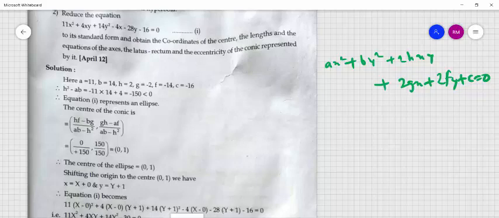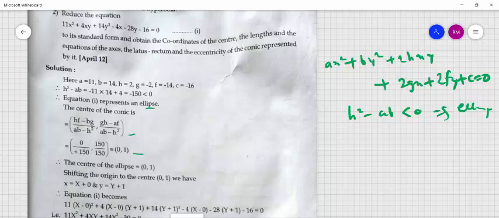As per the previous lecture, if h square minus ab is negative, then it implies ellipse. So this is ellipse. Now the center of the conic is given by this formula. So just substitute the values of h, f, b, g, and we get 0, 1.